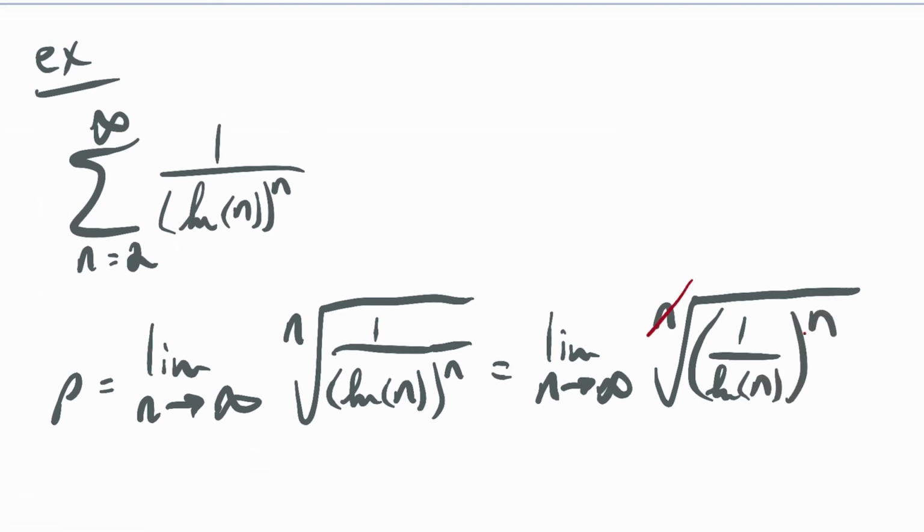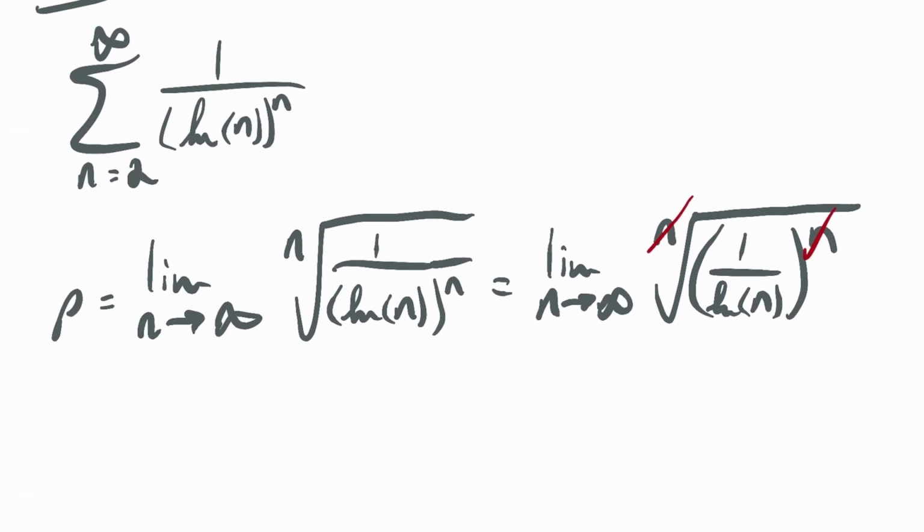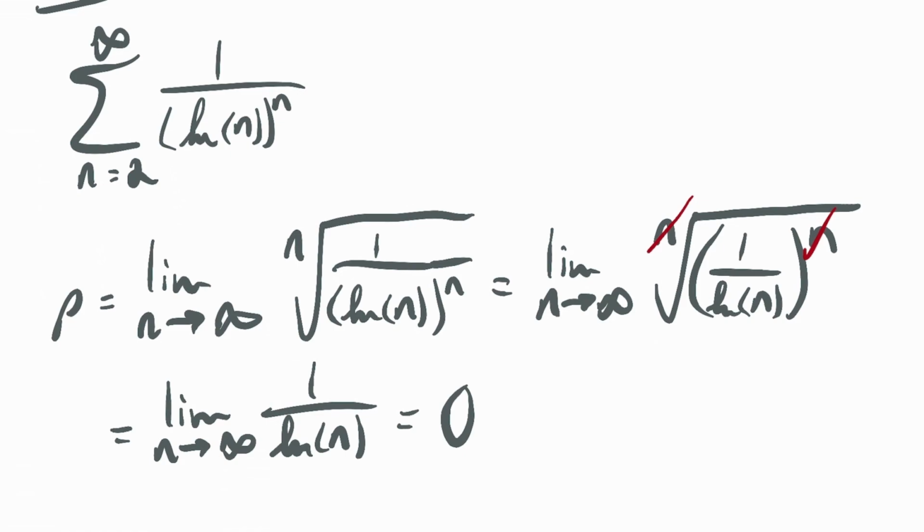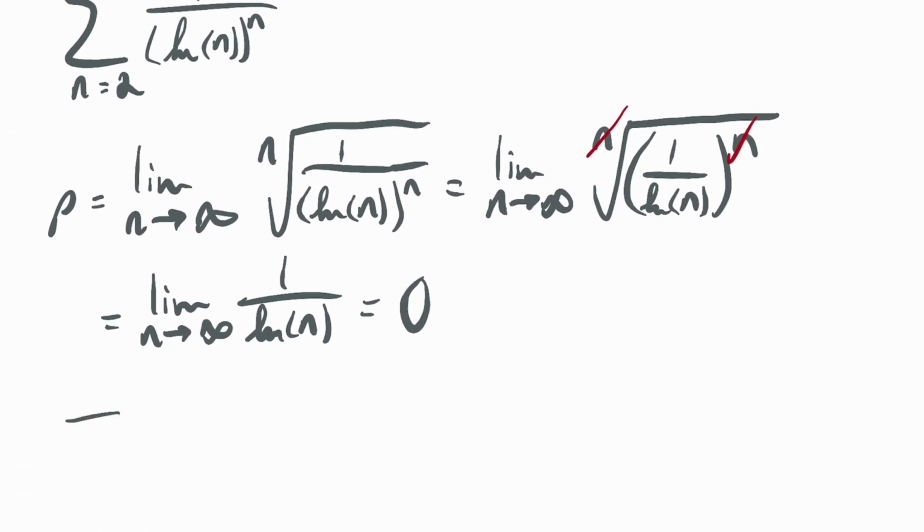So my root and my exponent cancel, and I get that this is the limit as n goes to infinity of 1 over ln of n. If you think about the graph of the natural logarithm function, the bottom goes to infinity, so the whole fraction goes to 0. So again, the series converges by the root test.